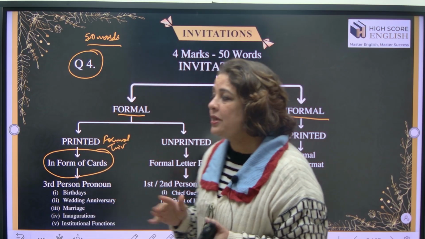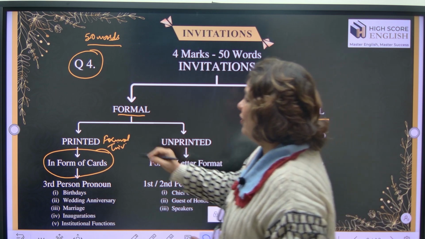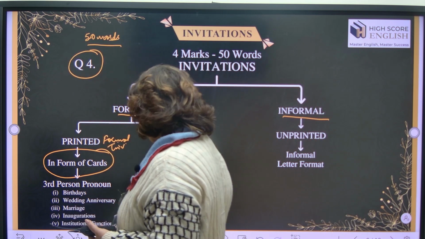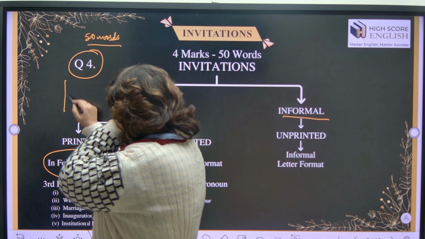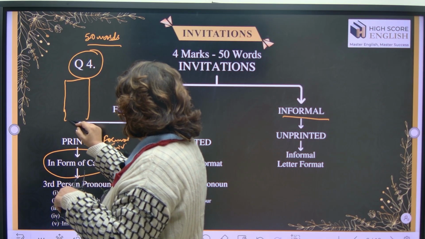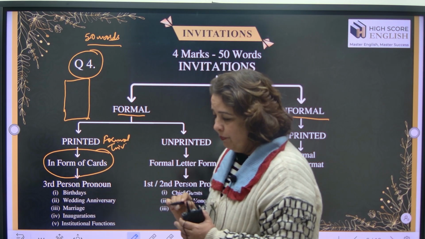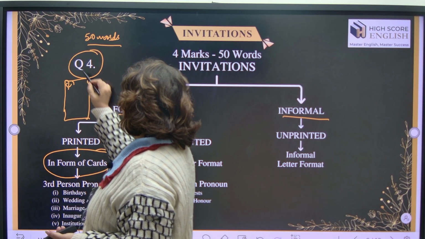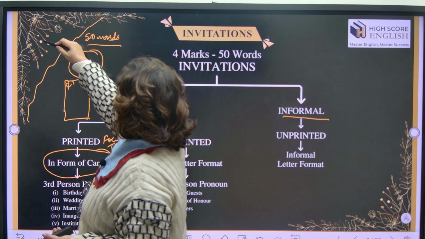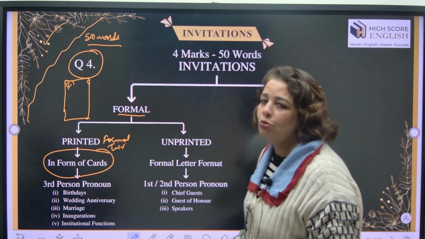So a formal printed invitation is always in the form of a card, and obviously when anything is in the form of a card, what do you have to keep in mind? There has to be a box or an enclosure. And obviously it is a card, so there has to be some nice decoration, which we have done here through computers.